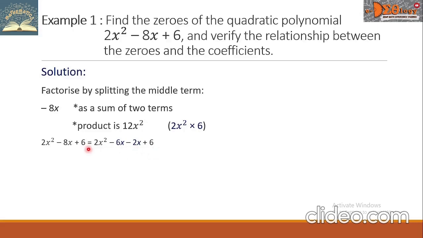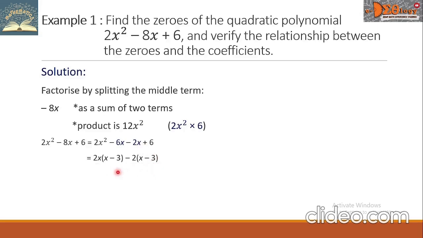In the first two terms, there's a common factor, and that is 2x. What remains is x minus 3 in the first group. Then, in the second group, there is a common factor, and that is negative 2. When we factor it out, what remains in the second group is x minus 3.